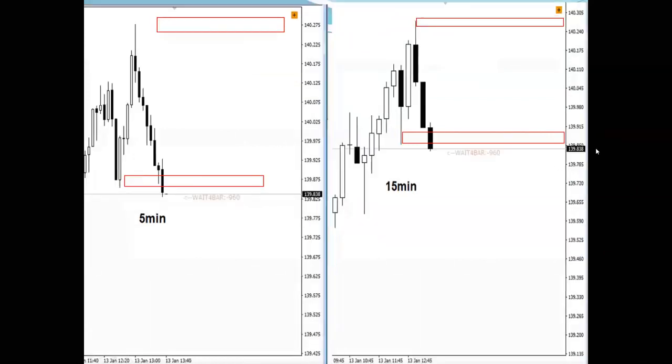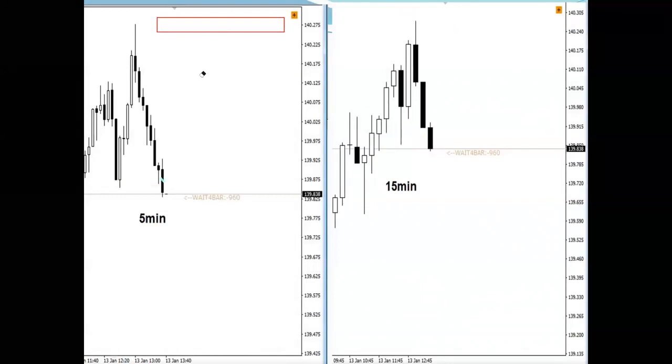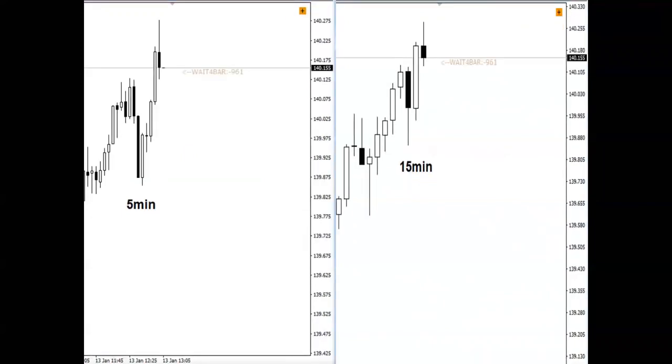Let's move to the next slide. Look what happened. Let me just go back. Keep an eye on this 15-minute candle, it hasn't closed.